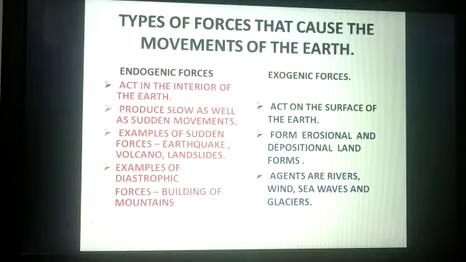All the processes that move, elevate, or build portions of the Earth's crust come under diastrophism, and these forces result in the building of mountains. Fold mountains and block mountains are built in this way.